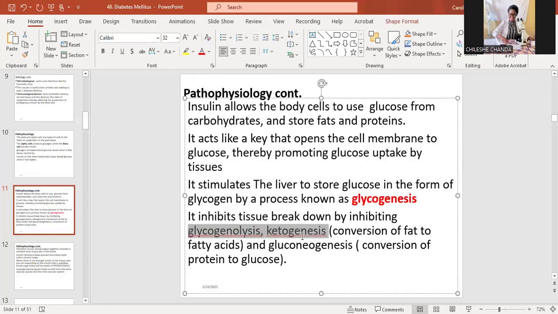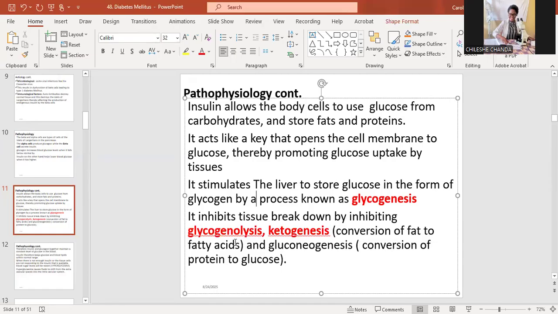Tissue breakdown, in this case, has different names depending on what exactly is being broken down. So it inhibits glycogenolysis, meaning it inhibits the breakdown of stored sugars. It inhibits ketogenesis, which is breakdown of fat.